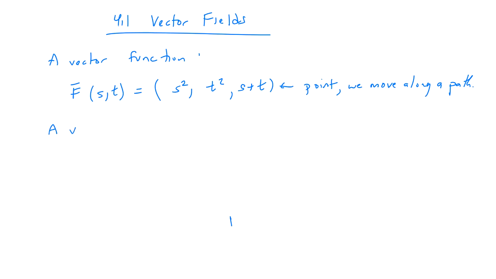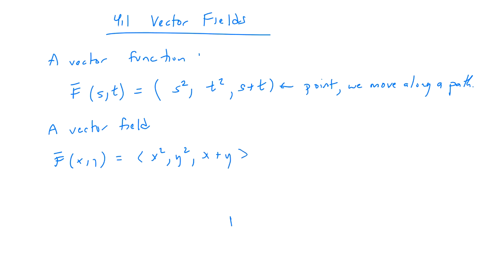A vector field looks very much the same. In fact, they'll use the same thing except for different variables, and there's no reason really to change the variables.